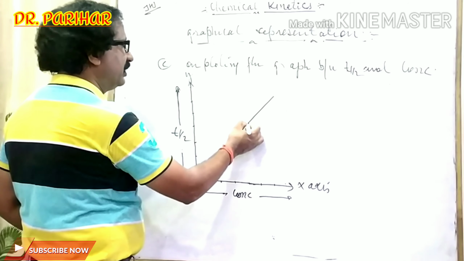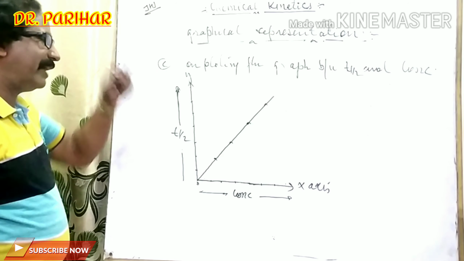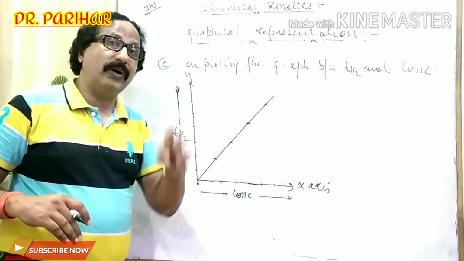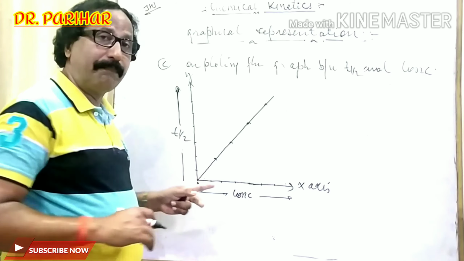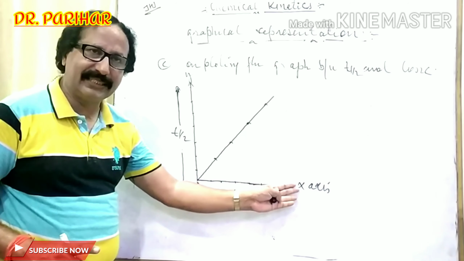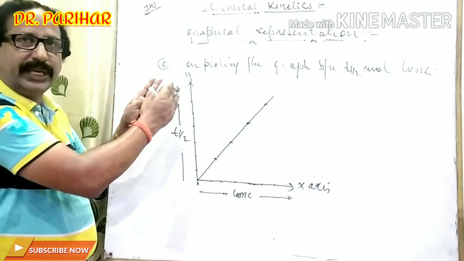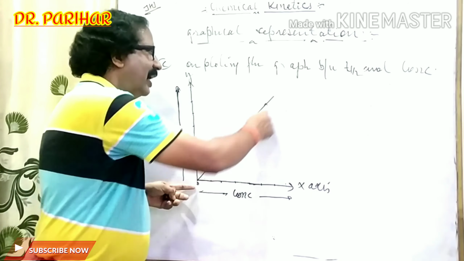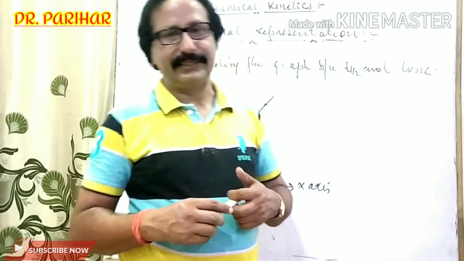As we have already proved that for a zero order reaction, half-life period is directly proportional to initial concentration, on increasing the concentration, half-life period will also increase, and we get a straight line. Clear? And this is the detail about zero order reaction. Thank you.